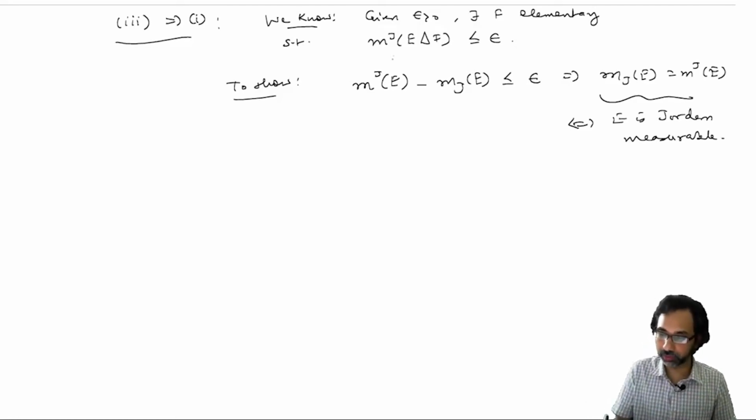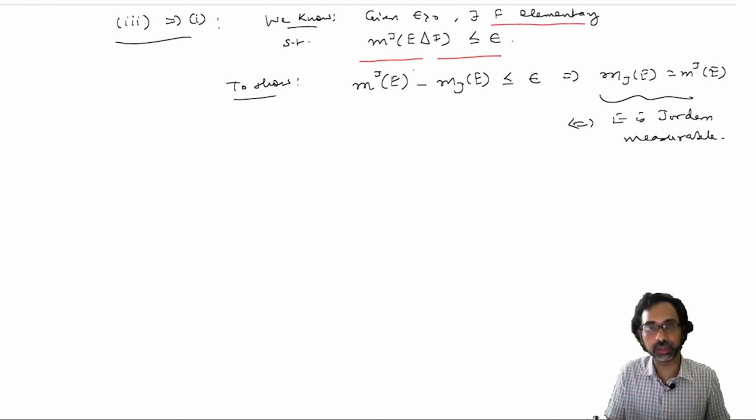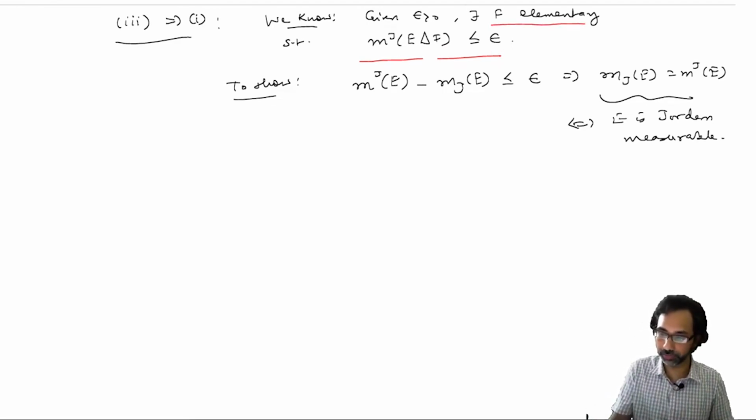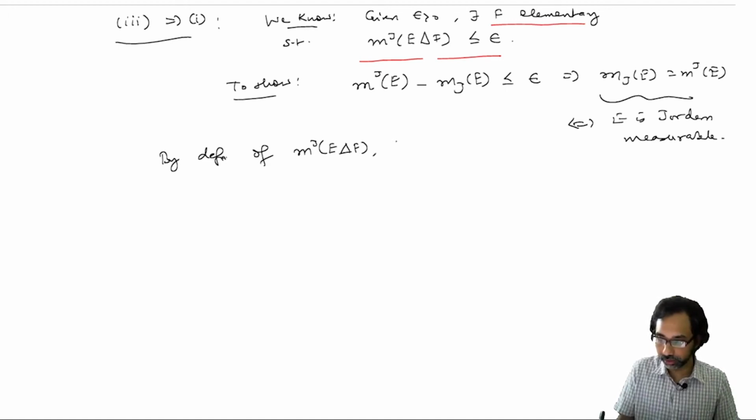Okay, so we start with what we know, which is that there exists an elementary set F such that the outer Jordan measure of the symmetric difference of E and F is less than or equal to epsilon. So by definition of outer Jordan measure of this symmetric difference, again let us fix our epsilon.